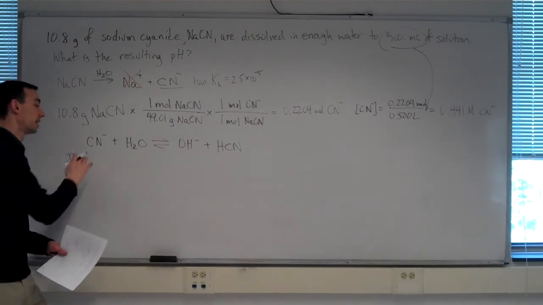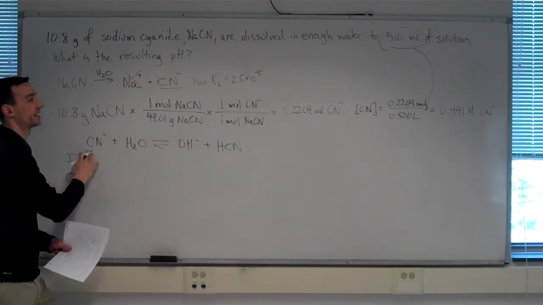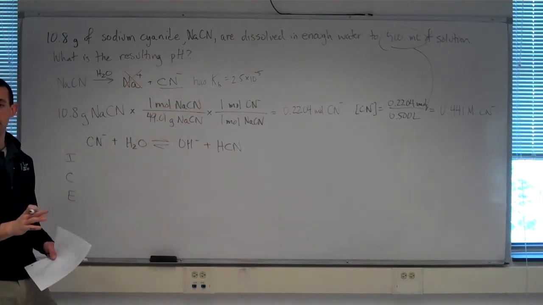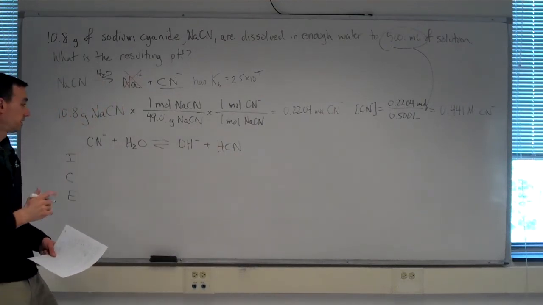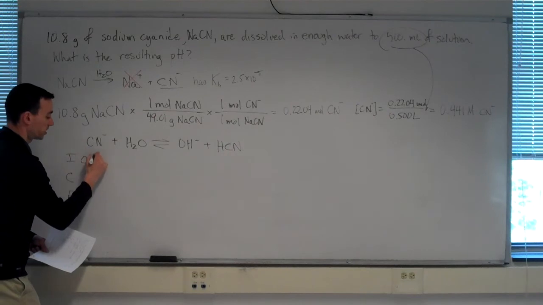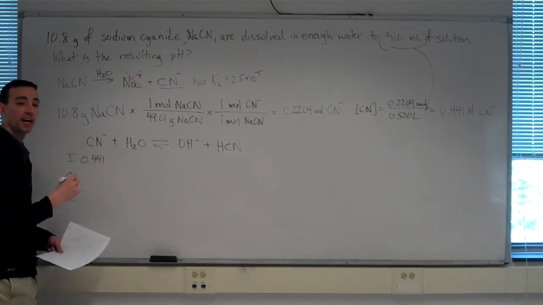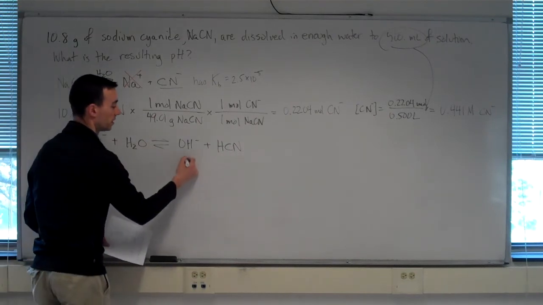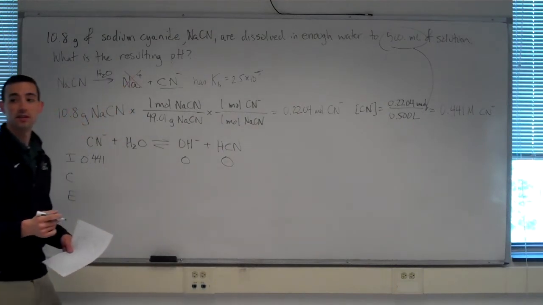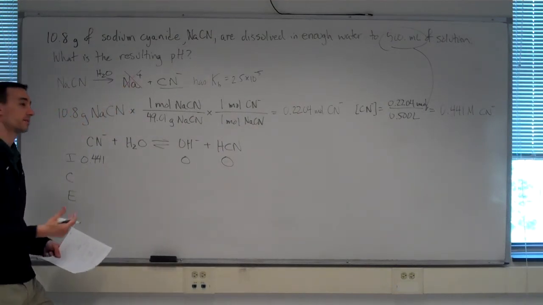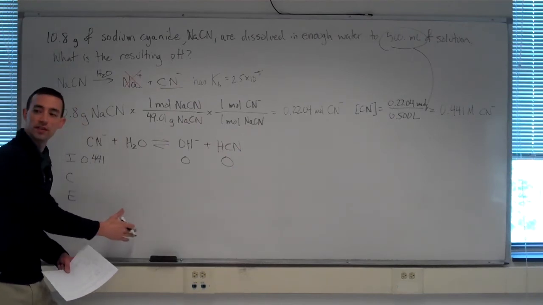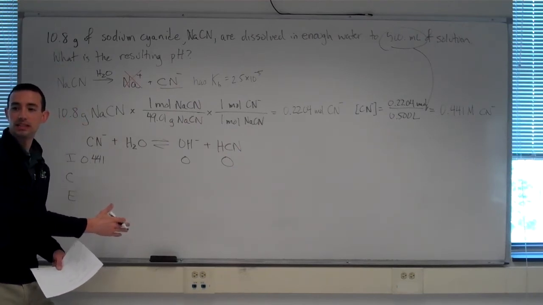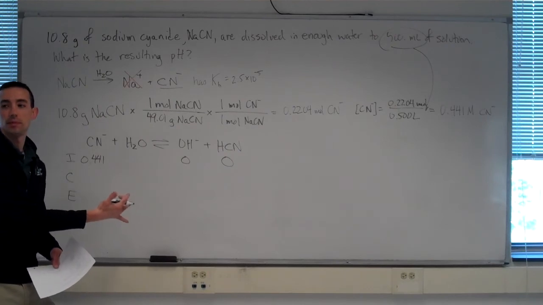Again, this is a base. We already identified that it's a base because it has a Kb. That's how I decided to make OH as the product. Initial concentration of cyanide is what we just worked to find, 0.441, 0, and 0. Now, I guess maybe I've been going a little bit quickly, but I've ignored water in all of these 3 examples because it's not part of our equilibrium constant.